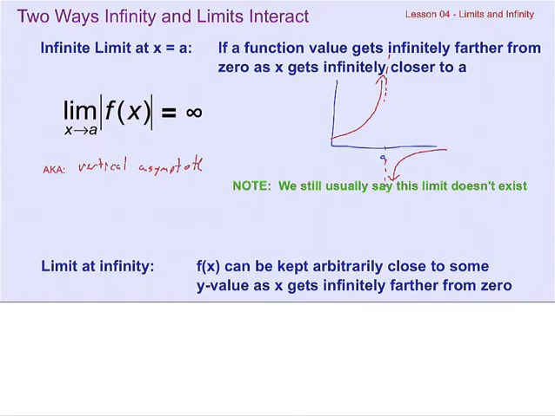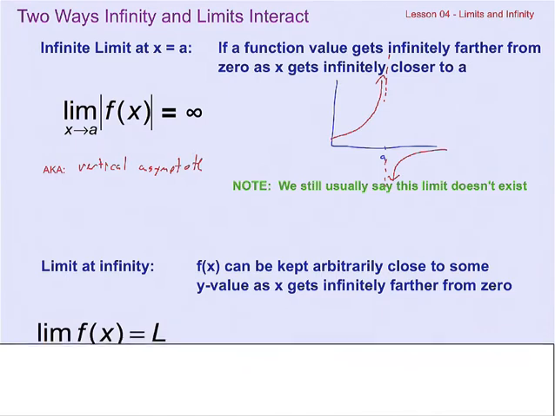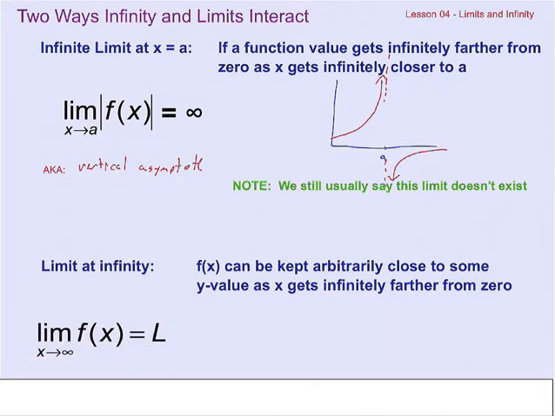That y value would be the limit. So we would write this, not that the limit equals infinity, but we're actually now talking about the x value getting infinitely big. So the limit of f of x as x approaches infinity would, the y value would approach some y value L. Meaning, as x gets bigger and bigger and bigger, the y value gets closer and closer to L. Well, that has a name also.